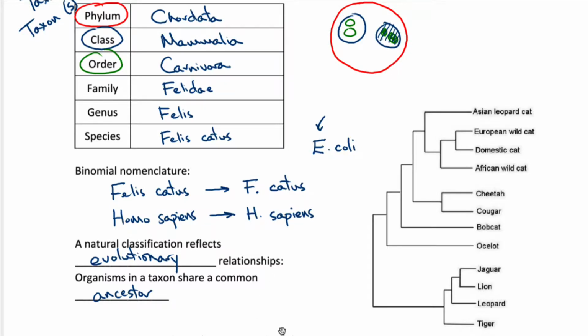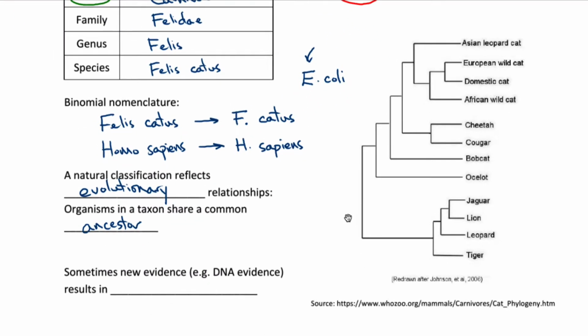Another way of thinking about that is to draw it as an evolutionary tree. This is called a phylogenetic tree. Phylogeny means evolutionary history. And so a phylogenetic tree is a tree that reflects evolutionary history and evolutionary relationships.